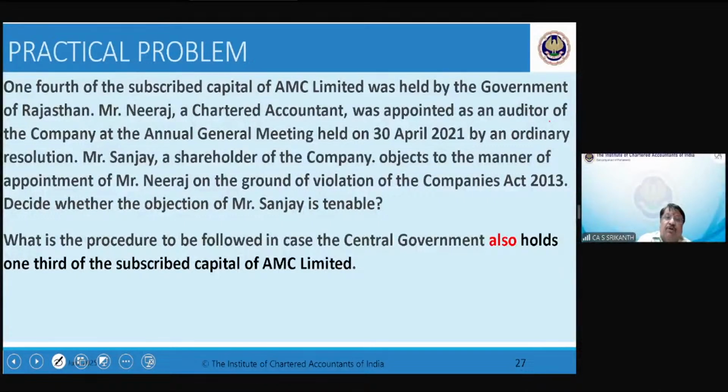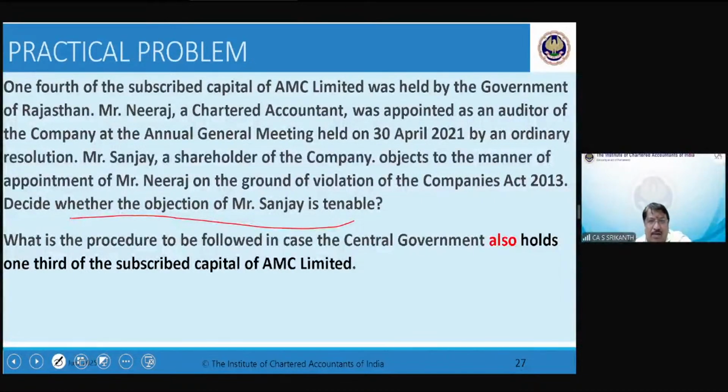What is the procedure to be followed in this case? Now, another option: in case the central government also holds one-third of the subscribed capital. Already 25 plus 33.33 is 58.33, which is beyond 51.